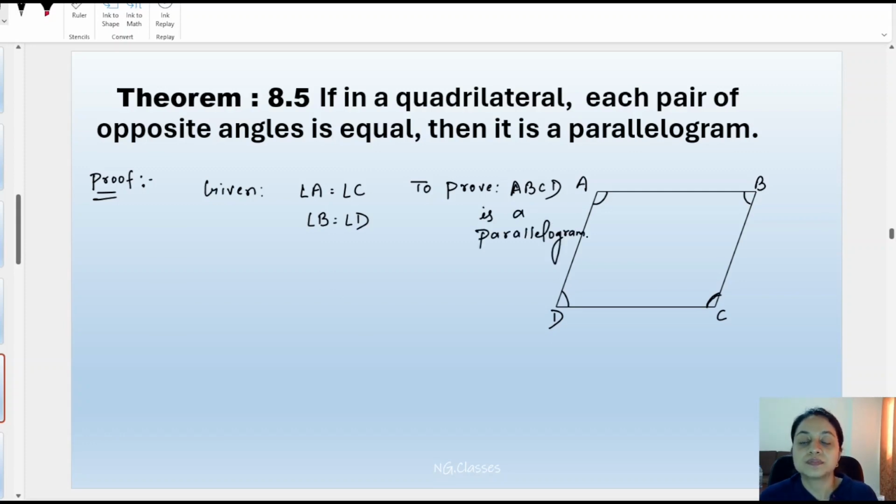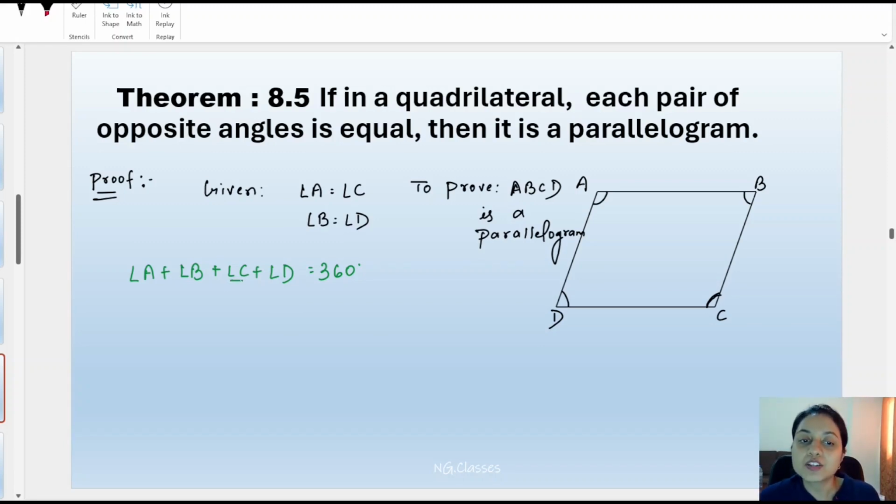parallelogram. Now, since we are having a quadrilateral ABCD, can we write angle A plus angle B plus angle C plus angle D is equal to 360 degrees? Angle sum property of a quadrilateral, which says the sum of interior angles of a quadrilateral must be 360 degrees.